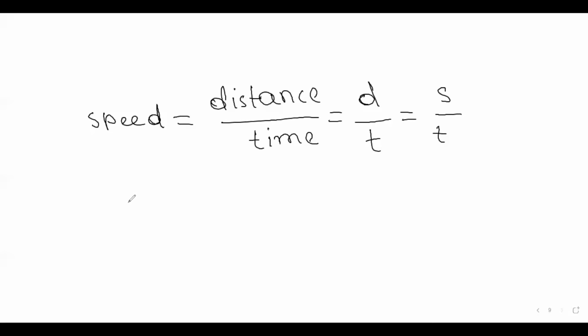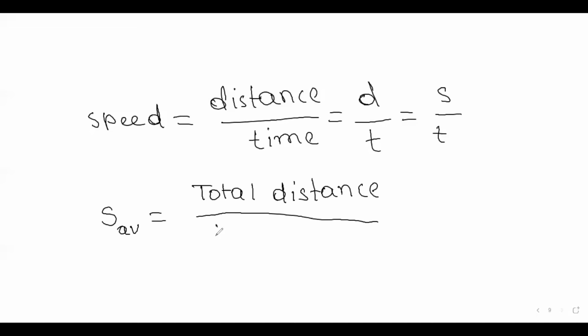Now we are going to learn about another thing, that is average speed. So what is average speed? Average speed is the ratio of the total distance to the total time taken. So we can write average speed like this: average speed is equal to total distance divided by total time.